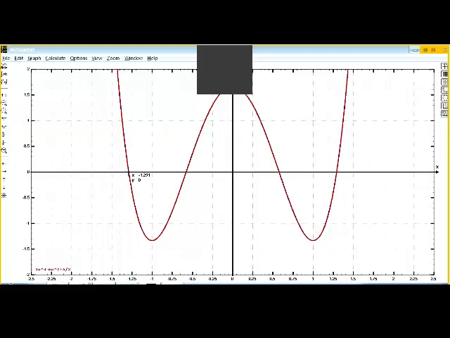There's the x-intercept, negative 1.291. The other x-intercept is positive 1.291. And therefore, everything works out.